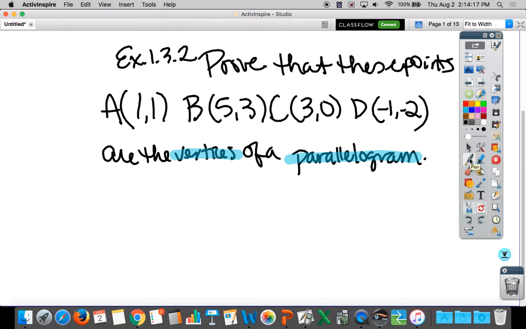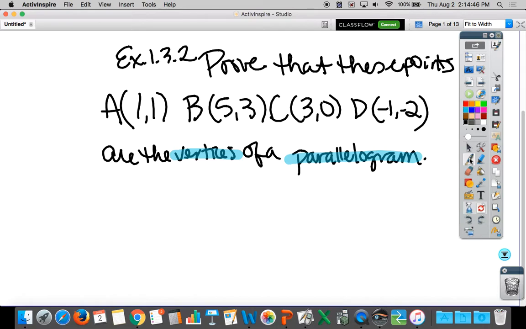What are some key components or characteristics of a parallelogram? Now, not all sides can be parallel to each other, but give me an example of a parallelogram. A square. Another one? A rectangle.